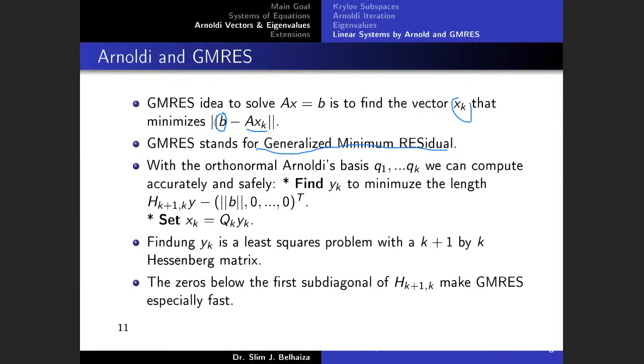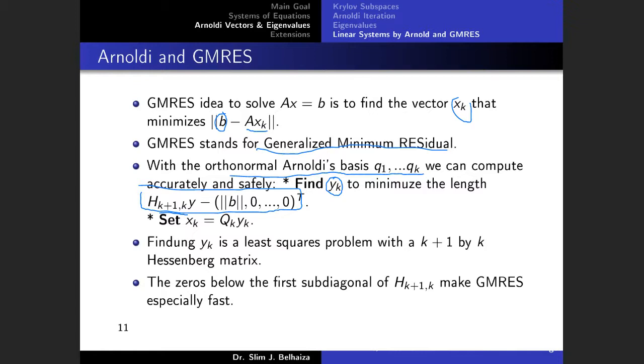Okay. So what it does, it uses the orthonormal vectors you generated with the Arnoldi iteration, and you want to find the yk that minimizes. Sorry for misspellings, there is a couple of misspellings. I'll correct them later on. To minimize the length of what? Of this distance. And we iterate.